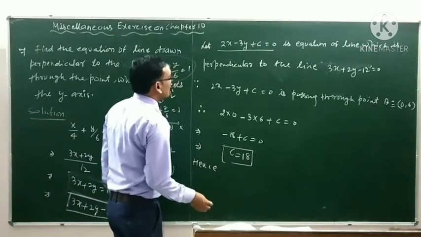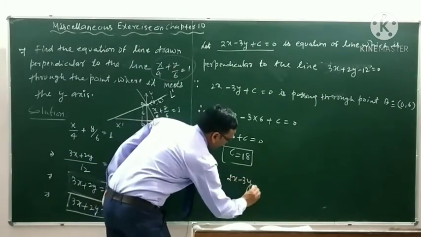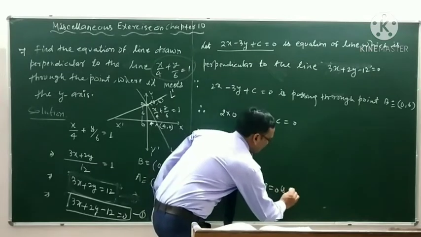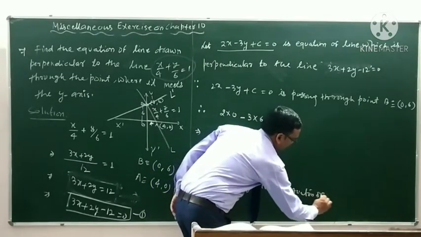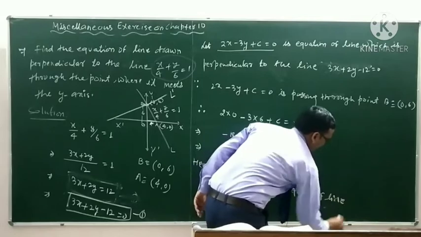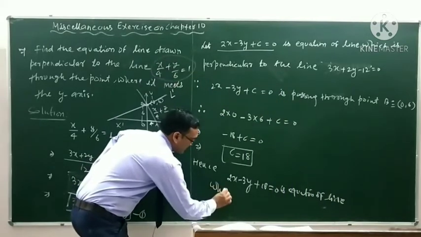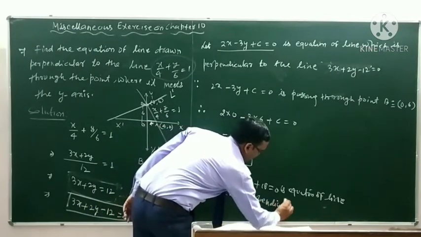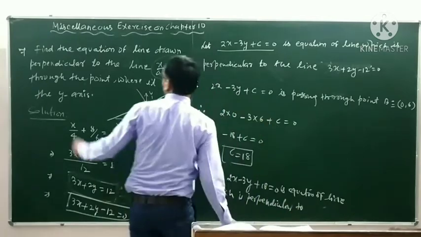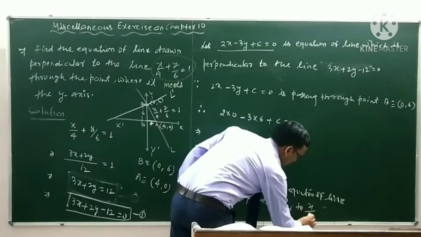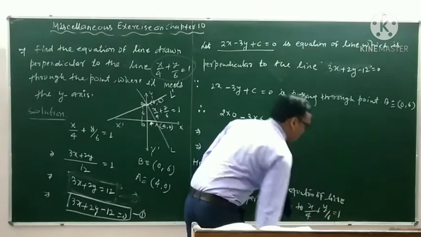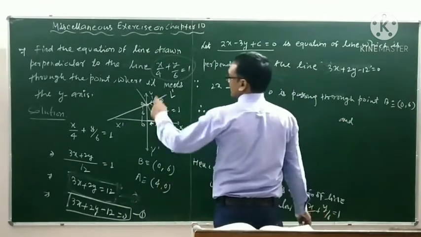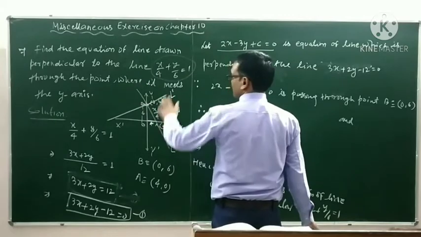Hence 2x minus 3y plus 18 equal to 0 is the equation of the line which is perpendicular to x upon 4 plus y upon 6 is equal to 1 and it meets the y-axis.